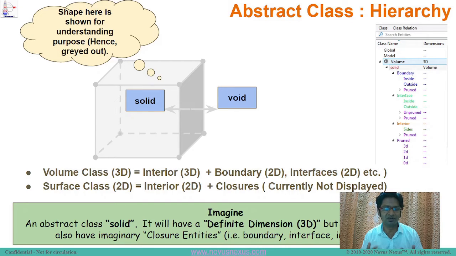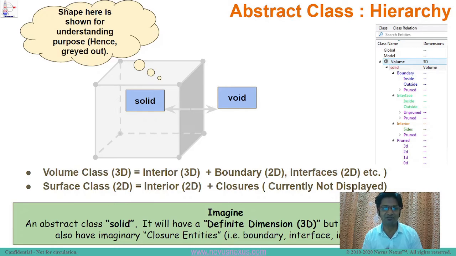So whatever terminologies we have seen for CAE geometry, like topological connection and relation, all of those are applicable to abstract classes also. The only difference is that abstract classes do not have any specific shape, whereas CAE geometry has a particular shape.